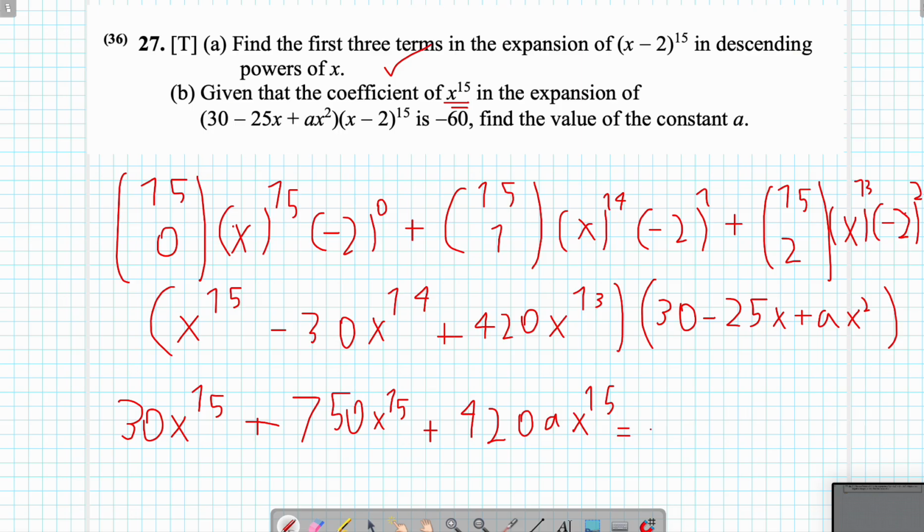All of that is equal to negative 60 x to the 15. You can factor out the x to the 15, so it doesn't matter. And then this is what we would get. 30 plus 750 plus 420a is equal to negative 60. We're gonna get a is equal to negative 2. That's number 27 done.